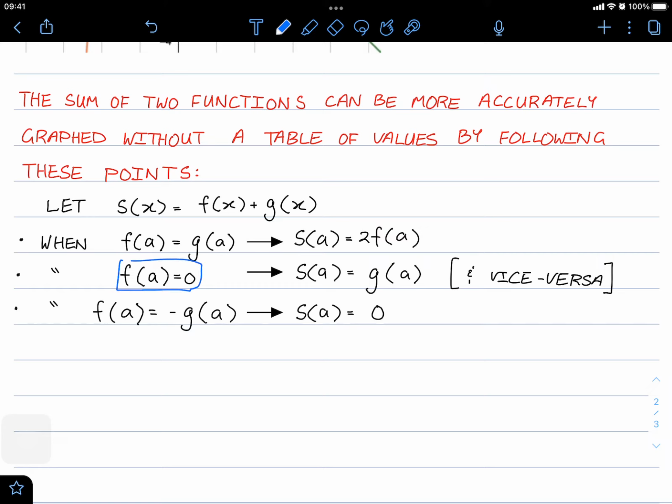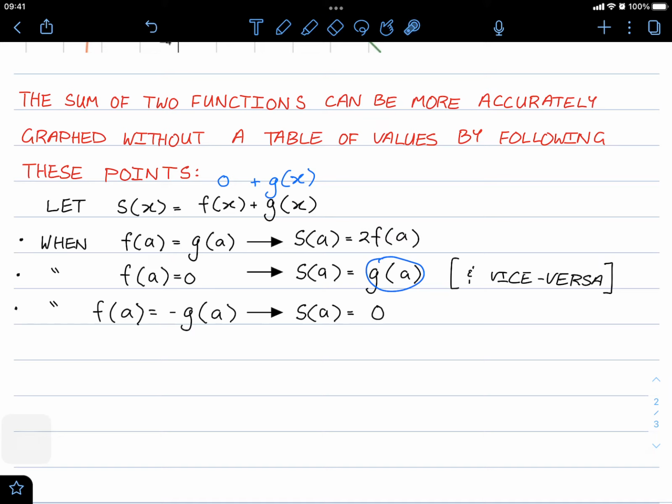When f of a is equal to 0, so let's imagine 0 here, we're going to add g of x, or g of a. Well, what it says here, the sum when f is 0, the sum must equal g. Because think about this, 0 plus g of x, that's just g of x.